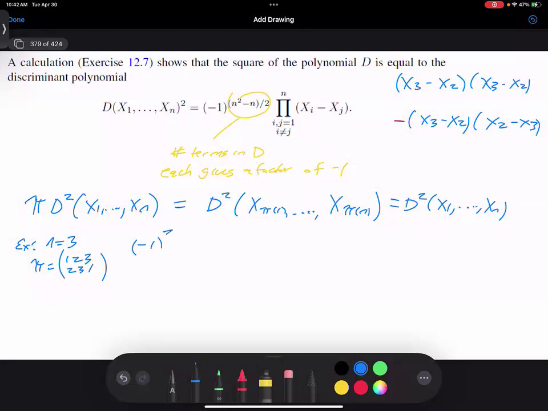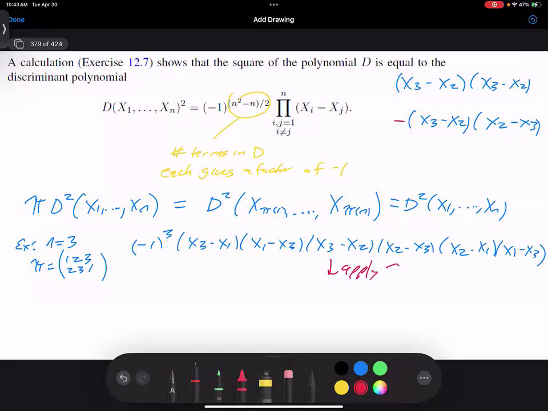So it would be negative 1 cubed. And then I would have the product over all i and j not equal. So I would have x3 minus x1, x1 minus x3, x3 minus x2, x2 minus x3, x2 minus x1, x1 minus x3. And now I apply pi. I would still have a negative 1 cubed.